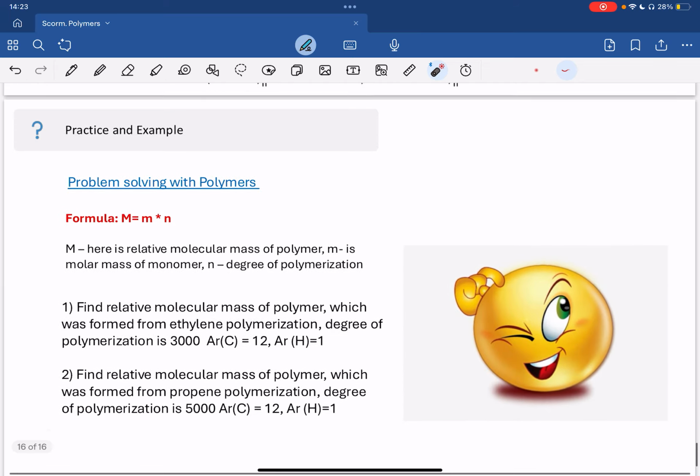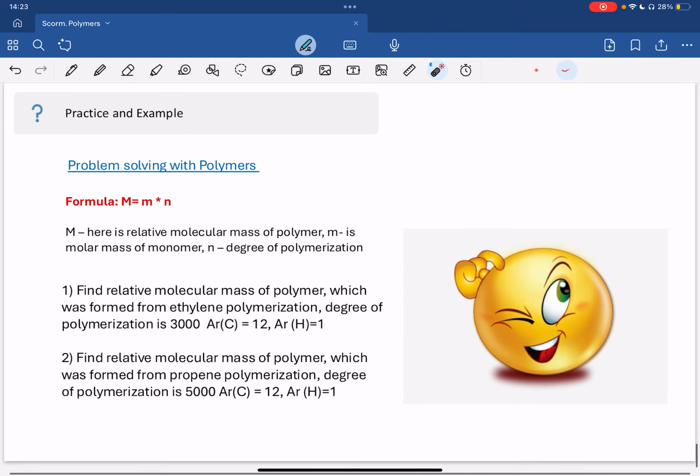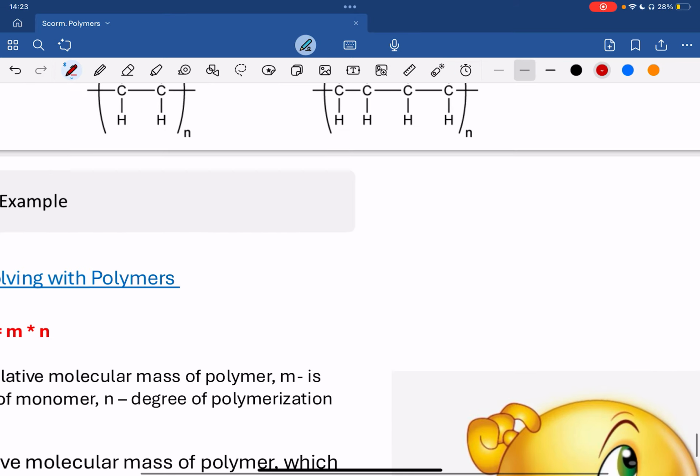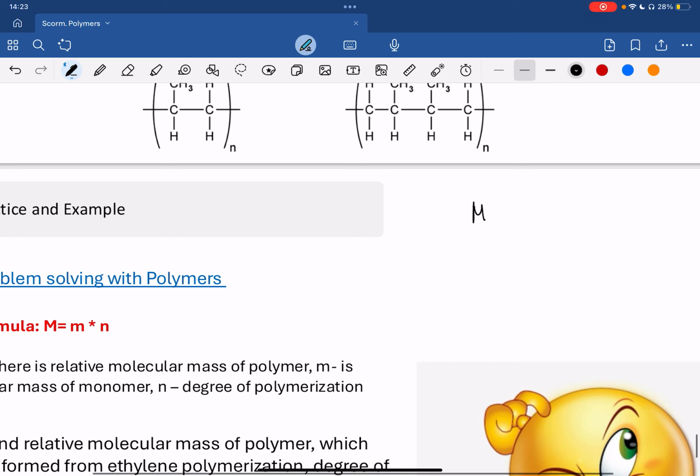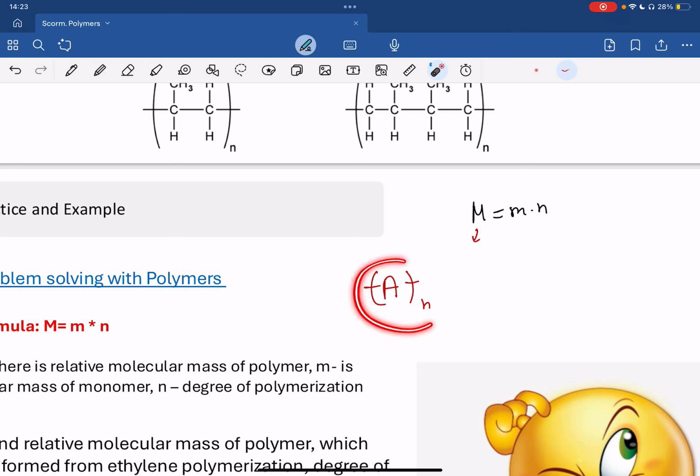And this is the last question. It is quite easy. Always remember this formula: M is equal to m times n. Let's say that we have A with n. Imagine this is a polymer. How do we know this is a polymer? Because we have n and we have A in here. Imagine the mass of one A is 5 gram, just for example.